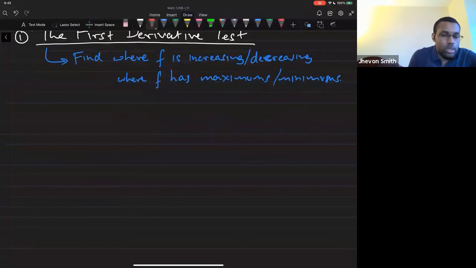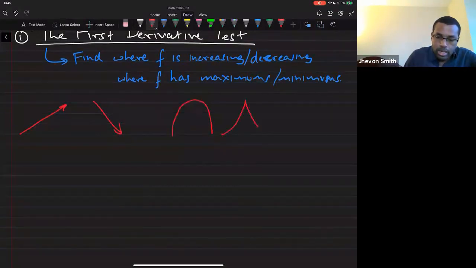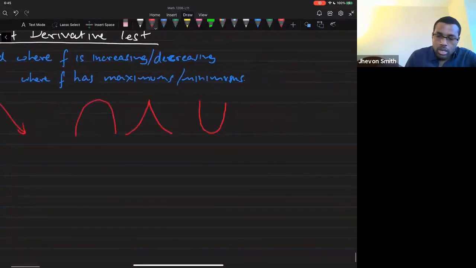So remember what that means. You want to identify if your function is moving up, if it's moving down, or when it does something like this, or something like that, or something like this, or something like that.